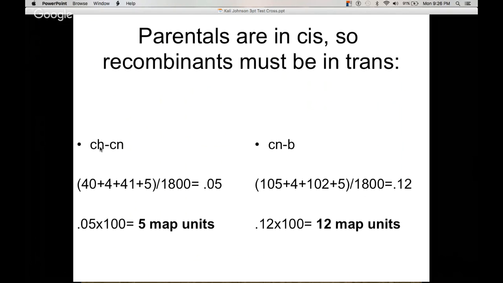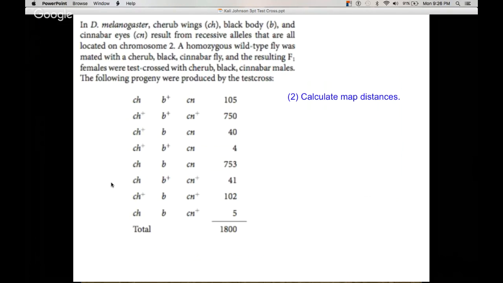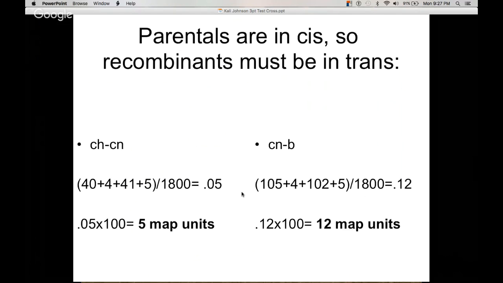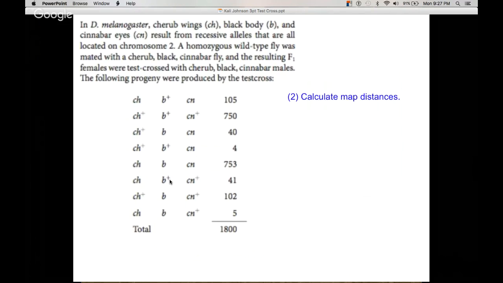So our first one is CH to CN. So in trans would be CH and CN are in trans here. They're also in trans here, here, and here. And so you take those numbers from over here, add them up, and divide them by the total, which is 1800.